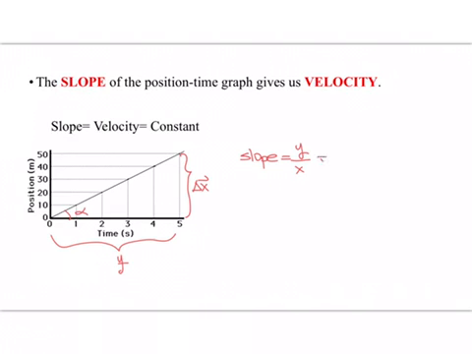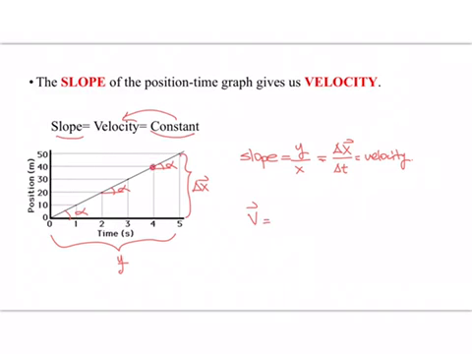So the displacement over time will give me the velocity. And one more important thing: you see that the angle doesn't change, so the slope is constant because the velocity is constant.